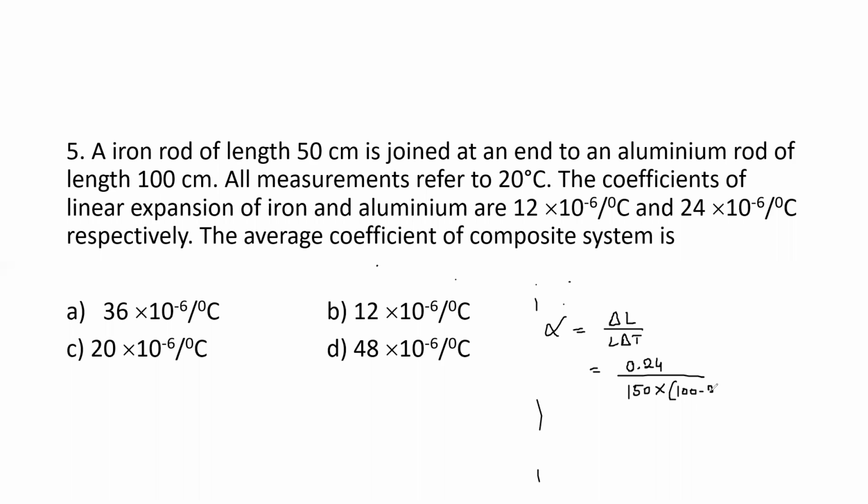It is 100 minus 20, which is nothing but 80. 150 into 80, that is 0.24 divided by that. You will get it as 20 into 10 raised to minus 6 per degree Celsius. That is the value of coefficient of linear expansion when both the rods are combined and heated at 100 degrees Celsius. Therefore, option C is the right option here. Okay.